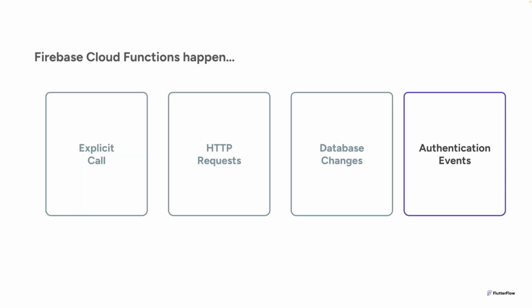Functions can handle user authentication events such as sign up, log in, or deleting a user. For example, when a user signs up and creates an account, a function might send a welcome email or initialize user-related data in your database.